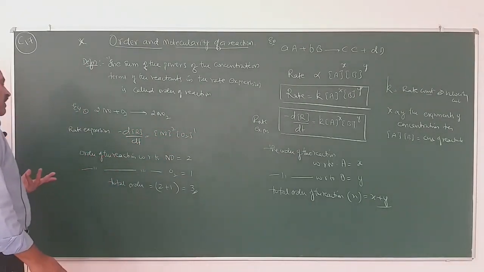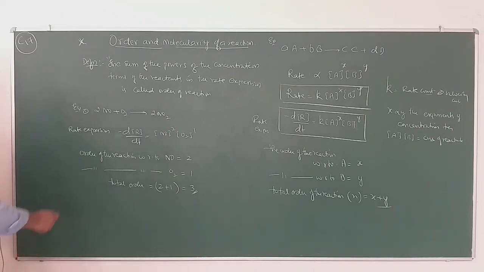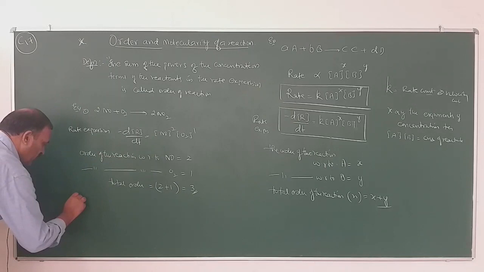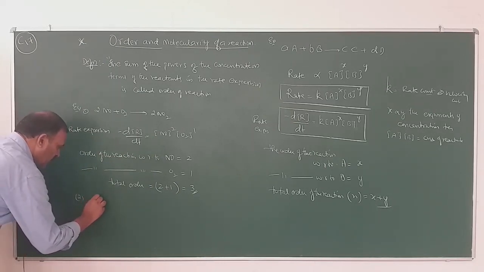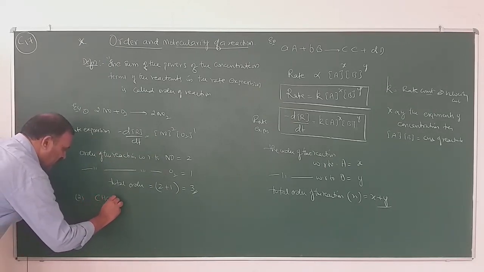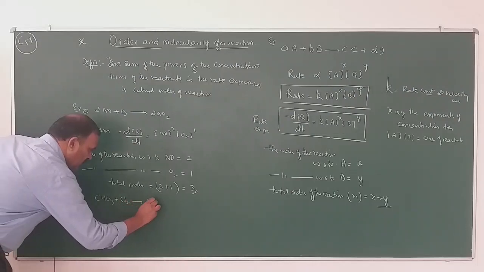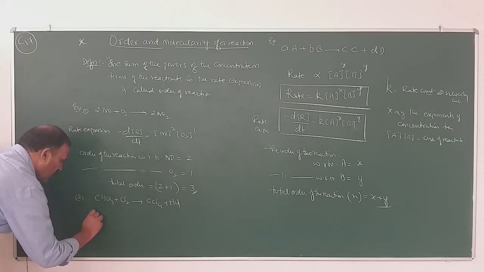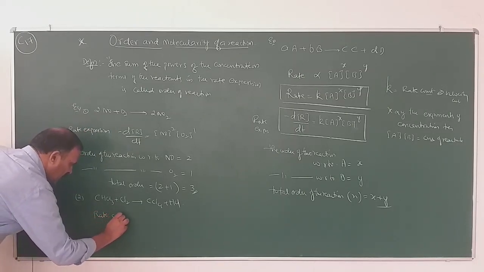The powers or the exponents may be equal to coefficients or may not be equal to coefficients. Coming to example number 2, CHCl3 plus Cl2 gives CCl4 plus HCl. So here what is the rate expression?